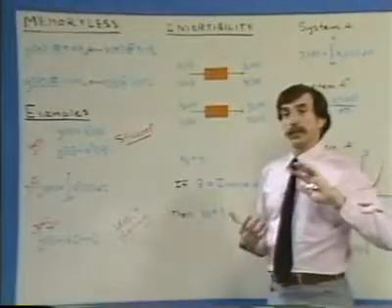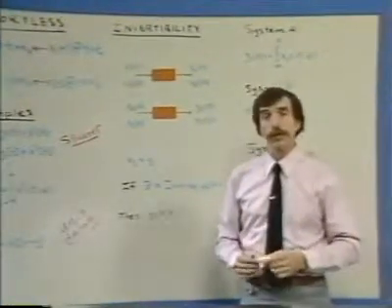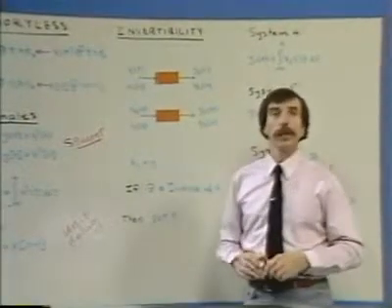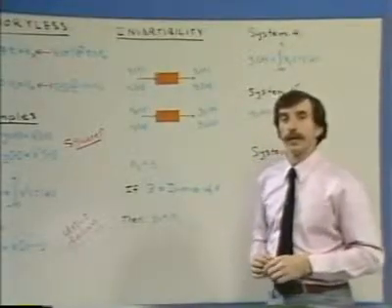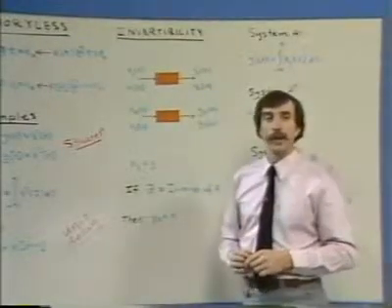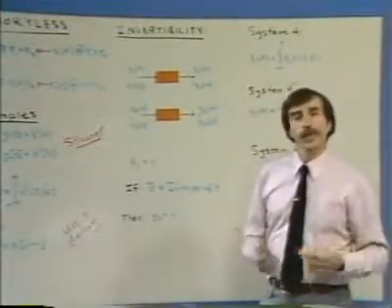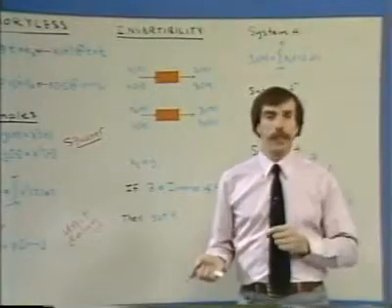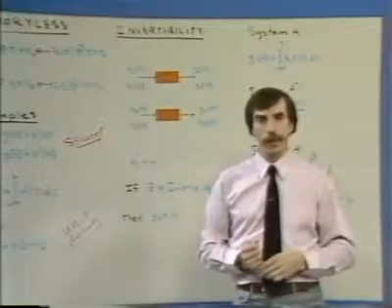Okay, so that's the issue of memory and memoryless systems. Let's now turn to another property which a system may or may not have, the property referred to as invertibility. Now, essentially what invertibility means is that given the output of the system, you can figure out uniquely what the input was.